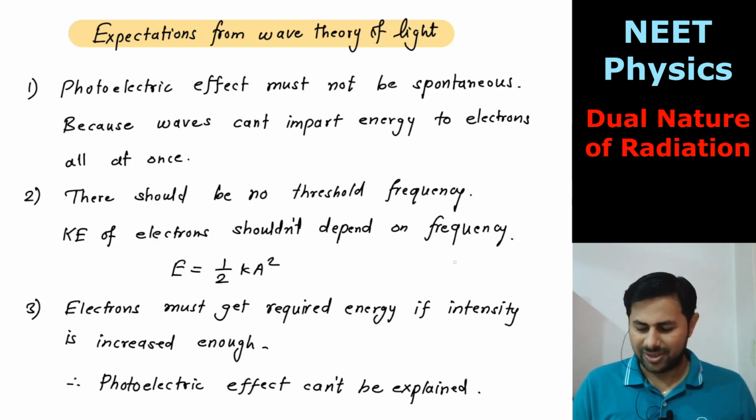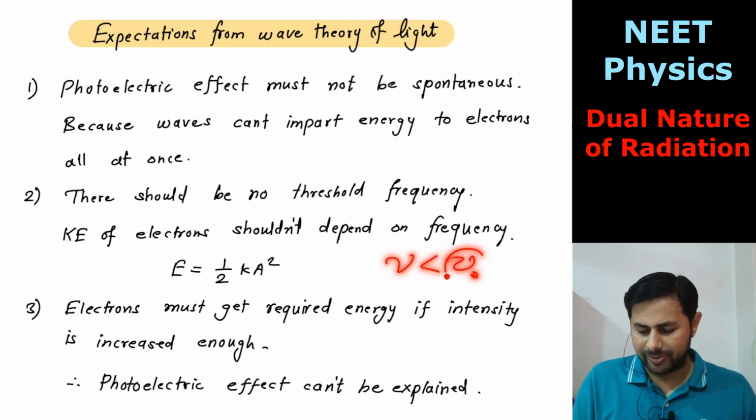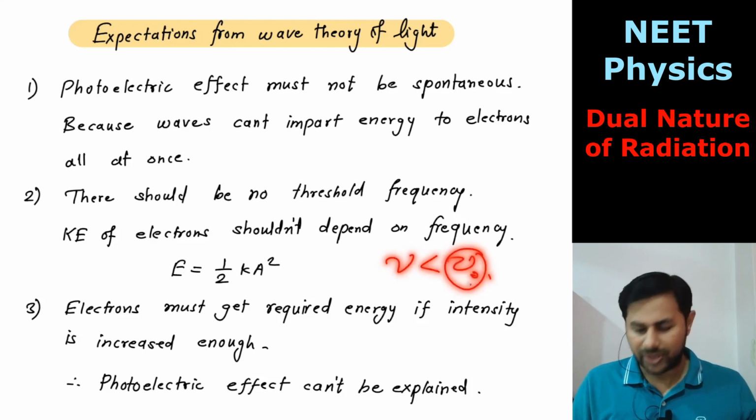This was our other expectation: whatever the frequency is, if the brightness is enough, electrons should come out. But that's not happening. Electrons are not coming out below a fixed frequency. If the frequency is less than this frequency called the threshold frequency, electrons are not coming out.